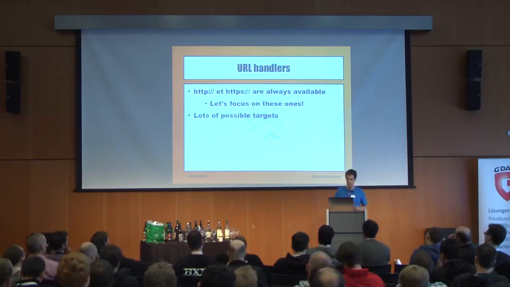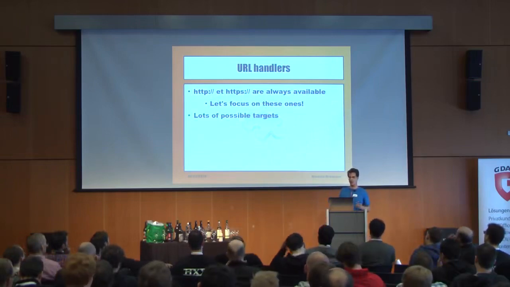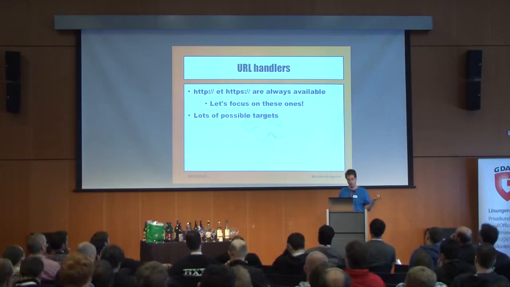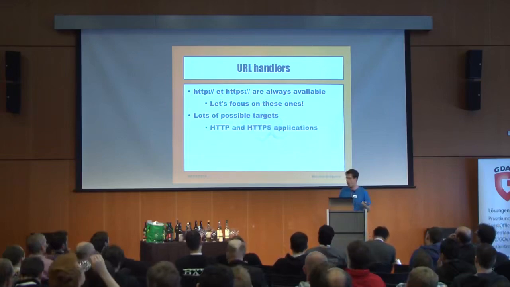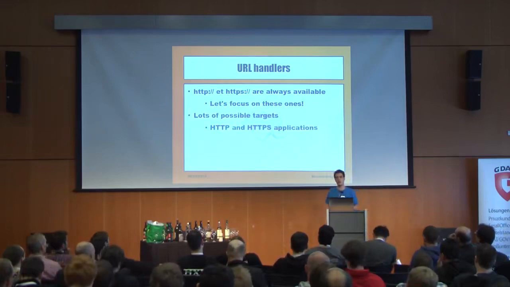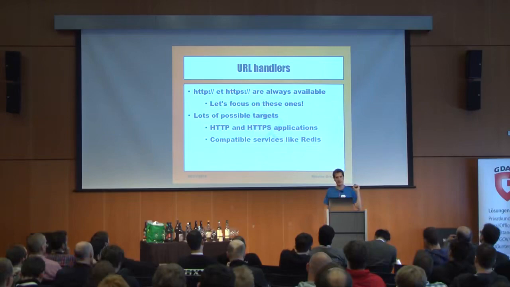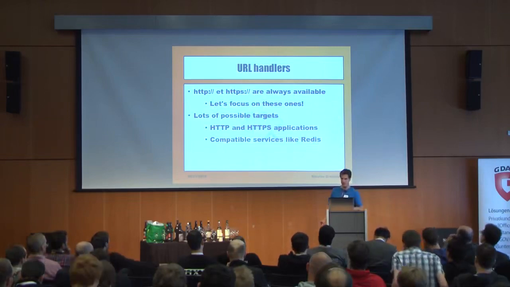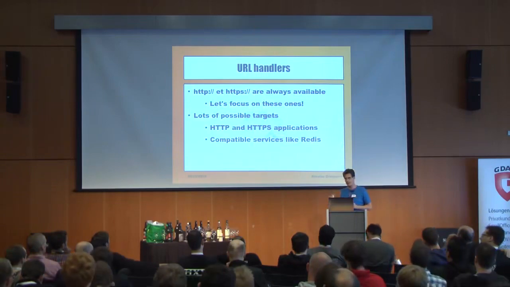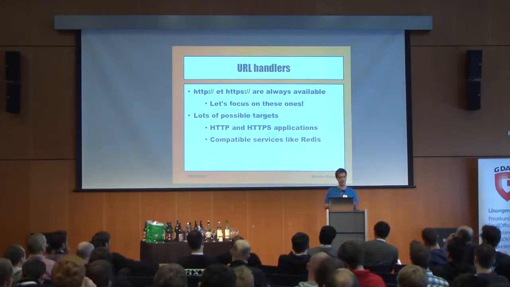So when we use, for example, the HTTP URL handler, we have a lot of possible targets, destinations. We have, of course, everything which is HTTP and HTTPS applications by design. We also have every service that we can interact with through HTTP. So, for example, a Redis database has a very forgiving text-oriented interface.